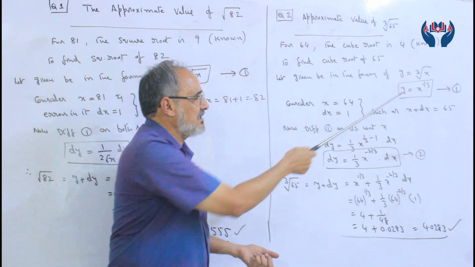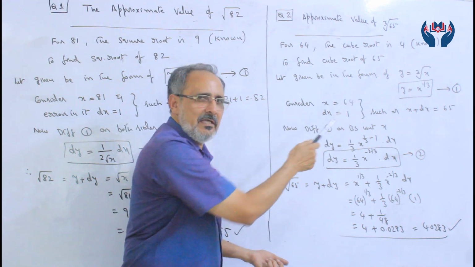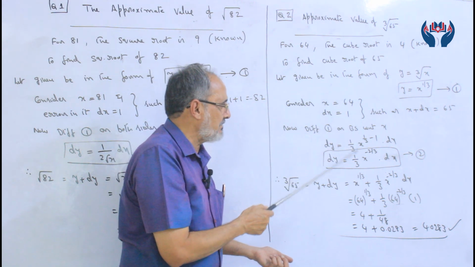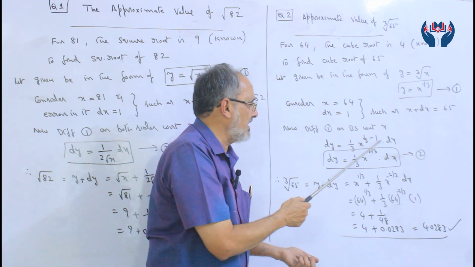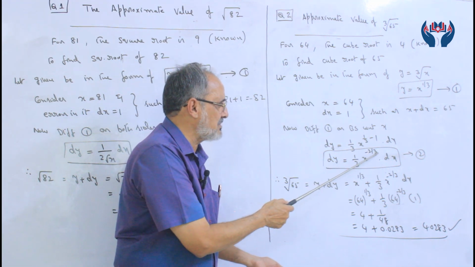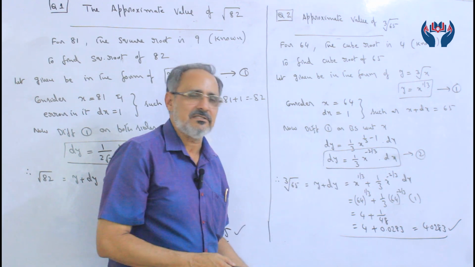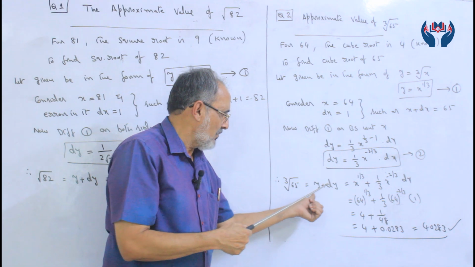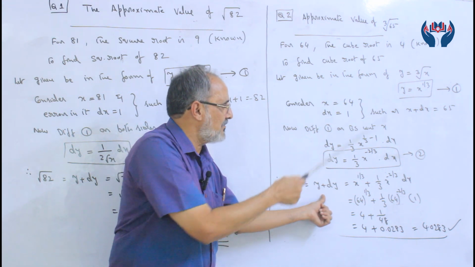Now differentiate the forming equation 1 with respect to x, which gives dy equals 1 by 3 x to the power of 1 by 3 minus 1. Simplify: dy equals 1 by 3 x to the power minus 2 by 3 dx. That is equation 2. Now the cube root of 65 is nothing but y plus dy from 1 and 2.